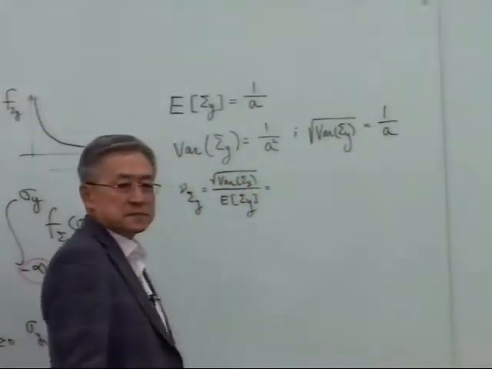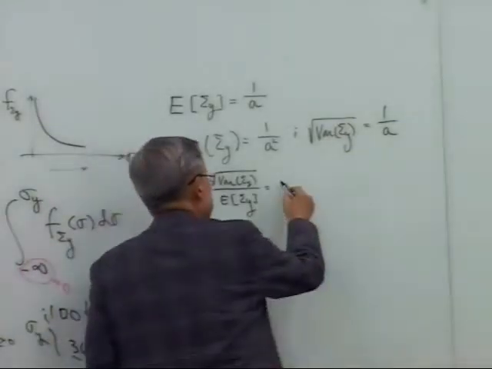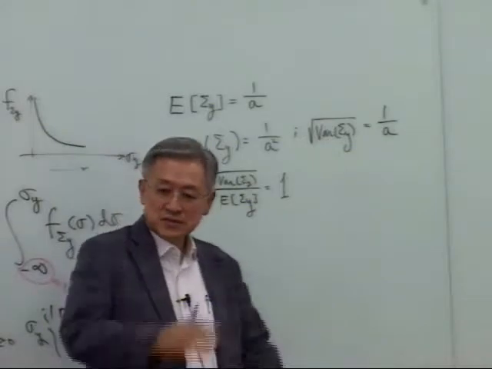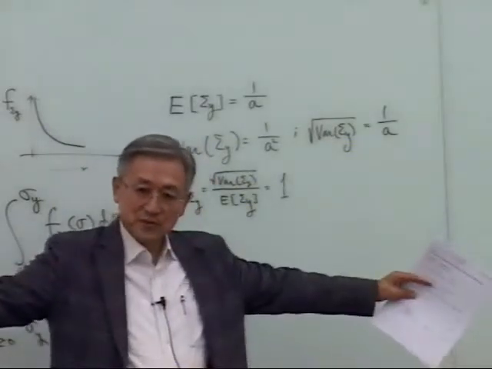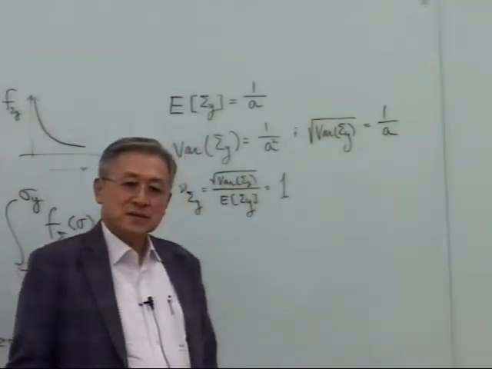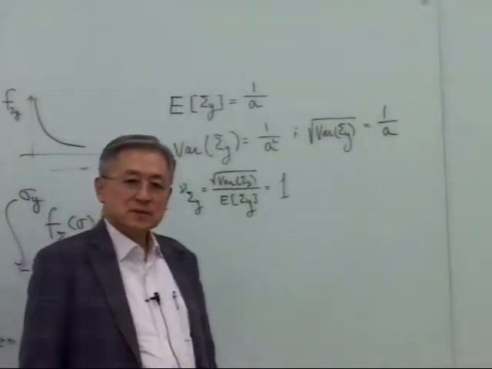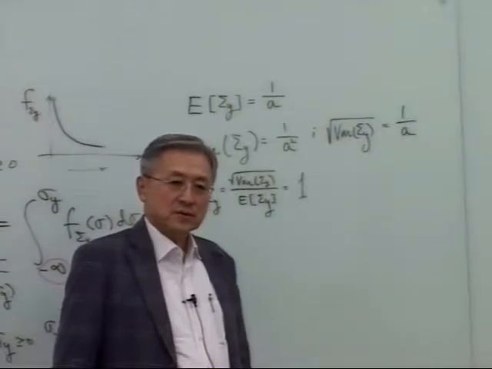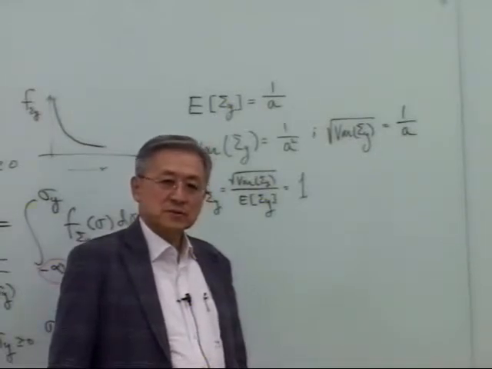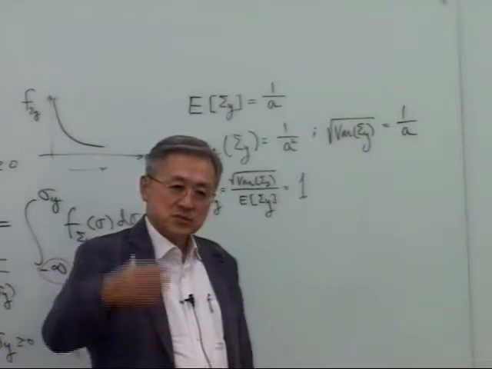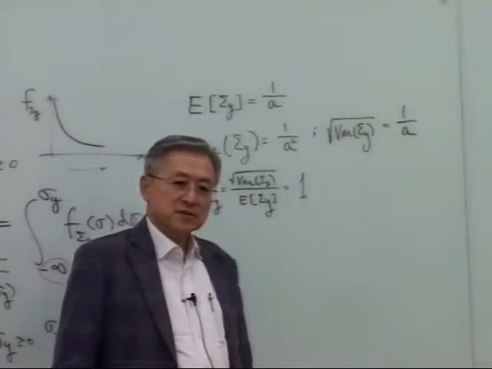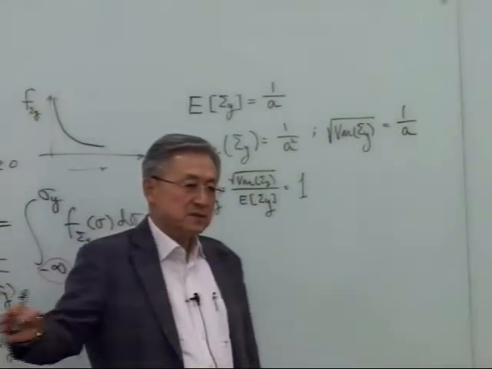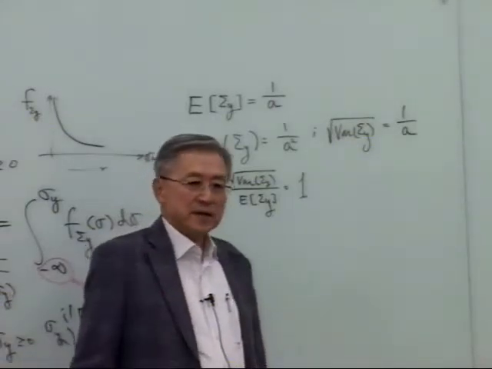What's the value? 1. Is it good? The spread is huge, right? 1. So at this point, you can tell it's not a good material to use for designing your system, regardless, because the spread of the yield is just flat.